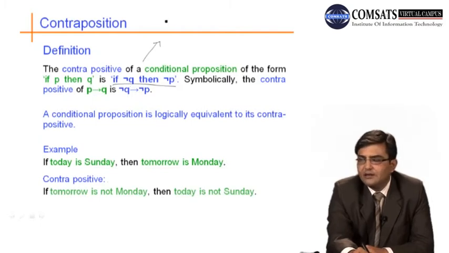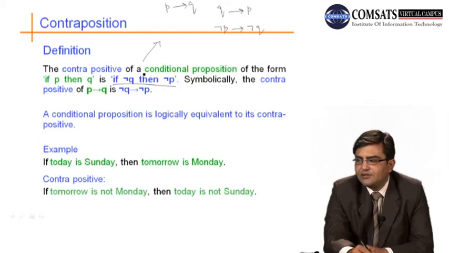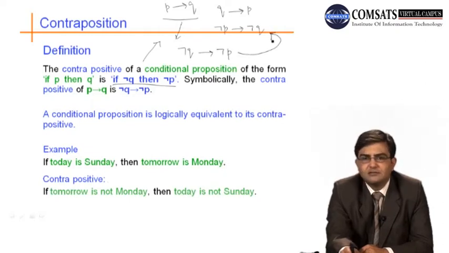Please note that in converse, if we have P implies Q, the converse is Q implies P, and the inverse is not P implies not Q. So here the contraposition of a conditional statement P implies Q is written as not Q implies not P. So this is different from inverse.